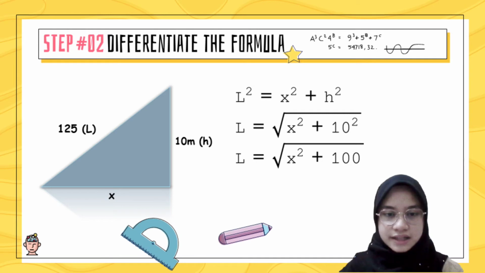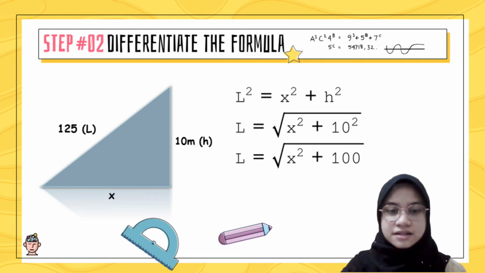For this case, we need to use the Pythagorean theorem. We know that L is the hypotenuse, so the equation is L squared equal to h squared plus x squared. Based on the information given, we know that the height is 10, so we substitute h with 10. And then we will get L equal to square root of x squared plus 100.